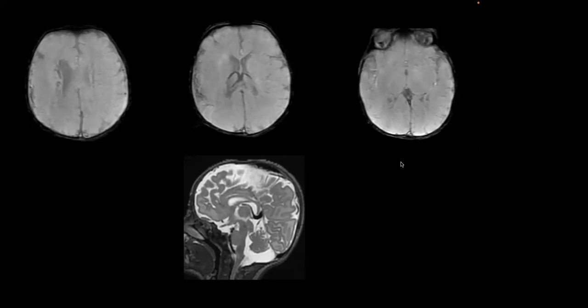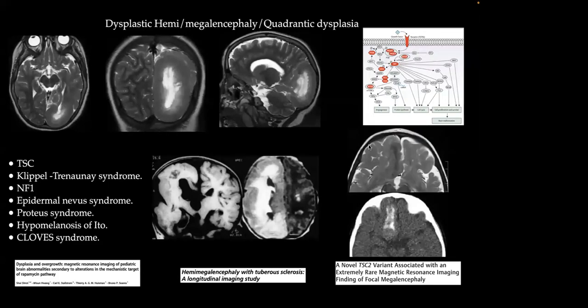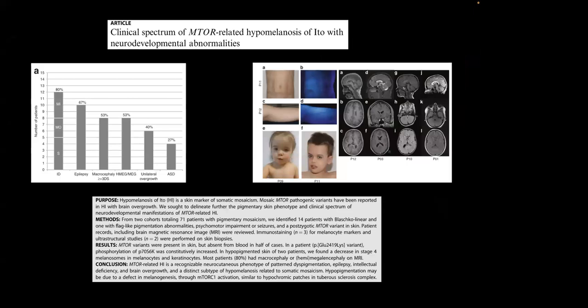The main finding is this right hemispheric malformation. What we thought was hemimegalencephaly or right quadrantic dysplasia, with associated neurocutaneous syndromes that can be activated by the mTOR pathway. These are the possible differentials, and given that the child has hyperpigmentation, the possibility of hypomelanosis of Ito is to be considered. This was a paper published in Nature, I think in 2021. It has the largest series of mTOR-related hypomelanosis of Ito with neurodevelopmental abnormalities.